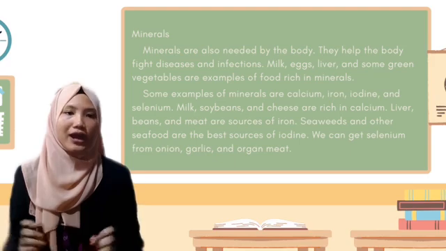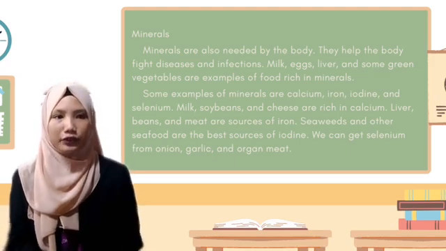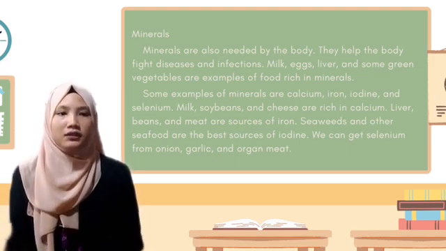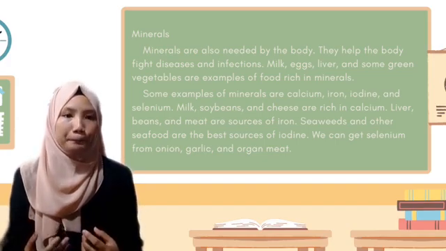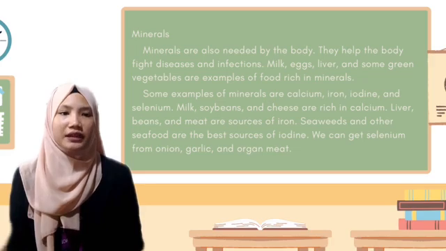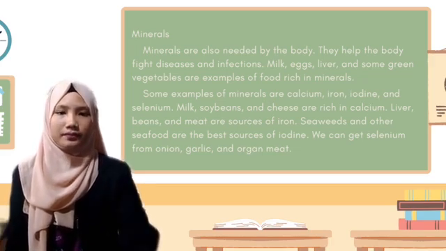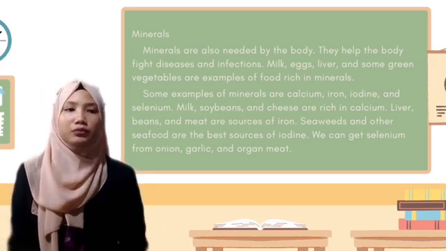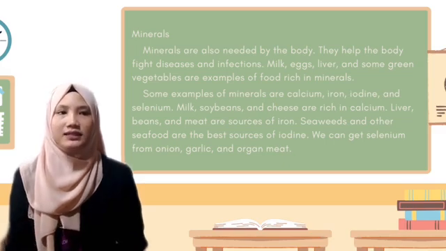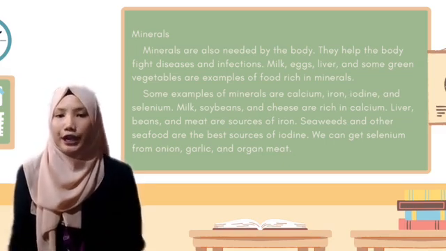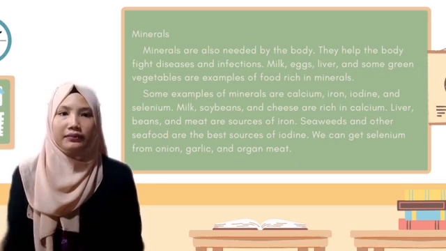Yung iron naman ay nakukuha yan sa liver, beans, and meat. Yung iodine naman ay nakukuha yan sa seaweed and other seafood. Yung selenium naman ay nakukuha yan sa onion, garlic, and organ meat.